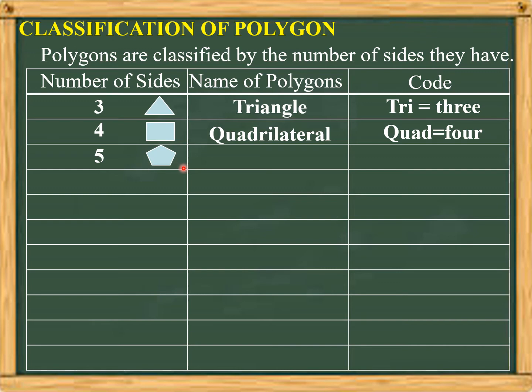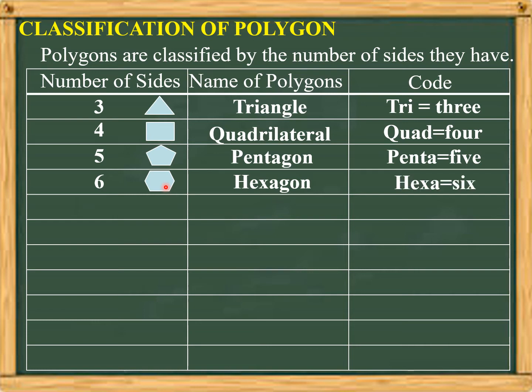This is the figure. So, it is called pentagon. So, our code here is penta, which means 5. Next, we have 6. This is the figure. It is called hexagon. So, our code here is hexa means 6.